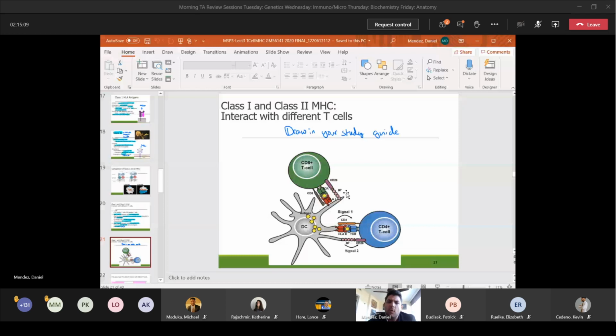We'll go over those more, but make sure you know that with the CD8 T cell, you have the CD8, you have class 1, HLA1, and the T cell receptor, and you have CD28 and B7. With class 2, you can see right here, class 2 and the T cell receptor, it's going to attach onto the CD4 with CD28 and B7. We'll go into the CD28 and B7 much later in a lot more detail.